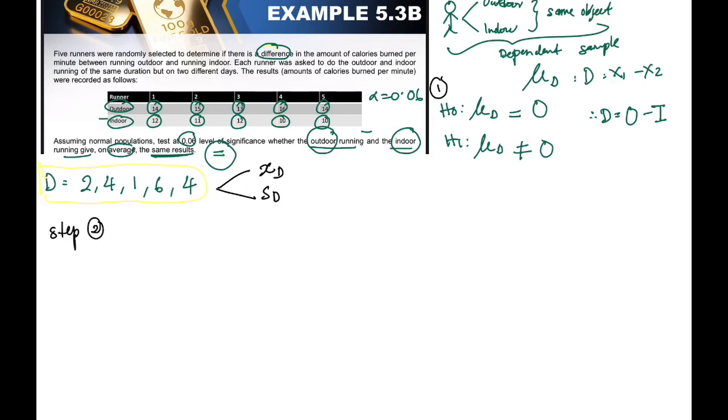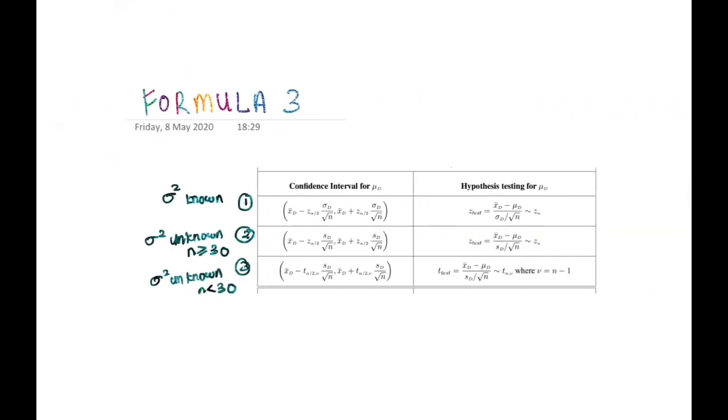test statistic formula. Which formula do you want to use? Look at here. Can we use formula number 1? Cannot, because sigma square is not given. Can we use formula number 2 for hypothesis testing mu D? Cannot, because our n is equal to 5.